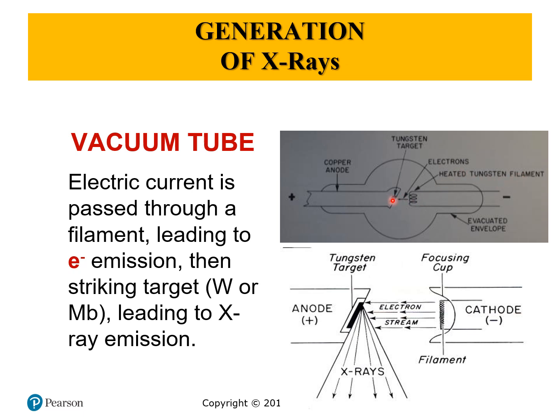Those are electrons going to a tungsten target, and tungsten is used specifically because it creates the type of X-ray images that we want. Then you have the copper anode. So electric current is passed through a filament, leading to emission of electrons, which strike a target, leading to X-ray emission. This is what is inside the X-ray device.